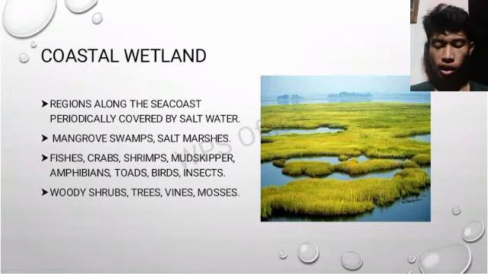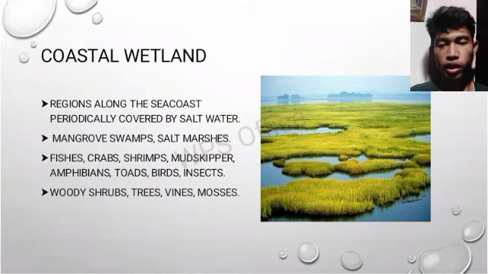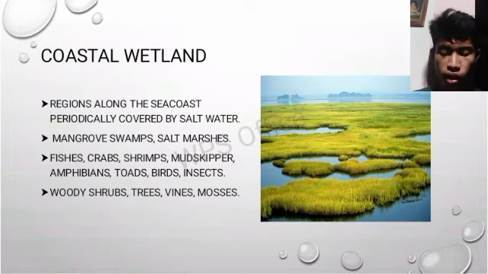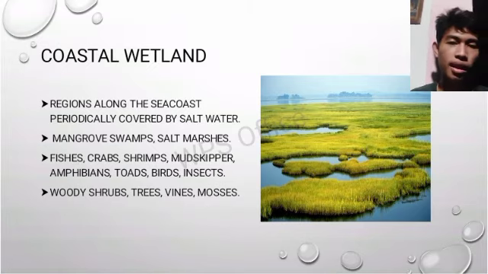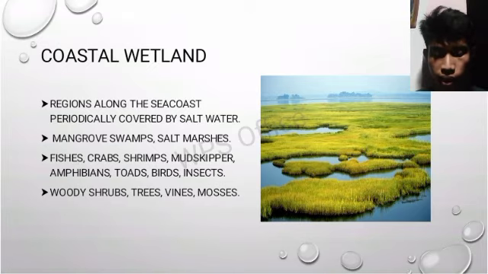So, when we say coastal wetland, it includes all wetlands in coastal watershed. So, coastal wetland is made up of fresh and salt water. Unlike sa freshwater wetland, it is only made up of fresh water. Then, coastal wetlands have functions.